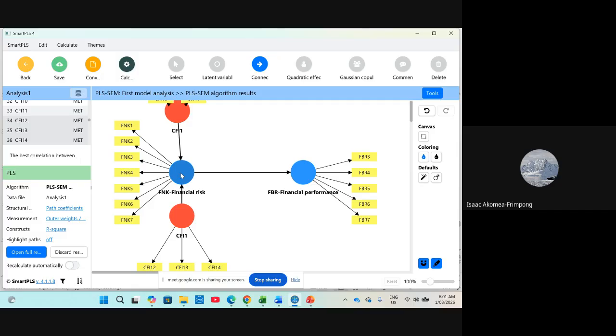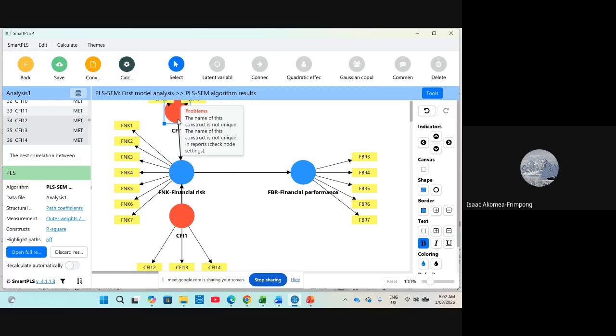Maybe eat good, have enough sleep, don't do bad things. I mean, these things come together to give you long life. So you can do something like that. And if you do that, you are doing what we call the formative analysis of the PLS-SEM.